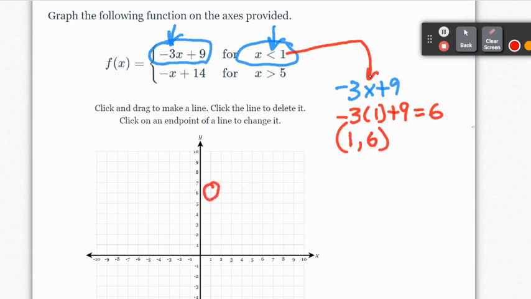And then from there, what I need to know is that my slope of negative 3 is equal to negative 3 over 1, or it's 3 over negative 1. So I can go down 3 and then right 1, or I could go up 3 and left 1. That's the difference between these variations. So this would mean down and then right, and this one means up and then left.